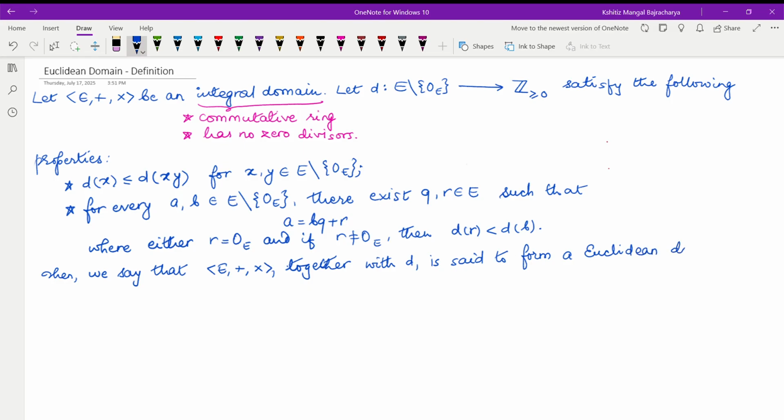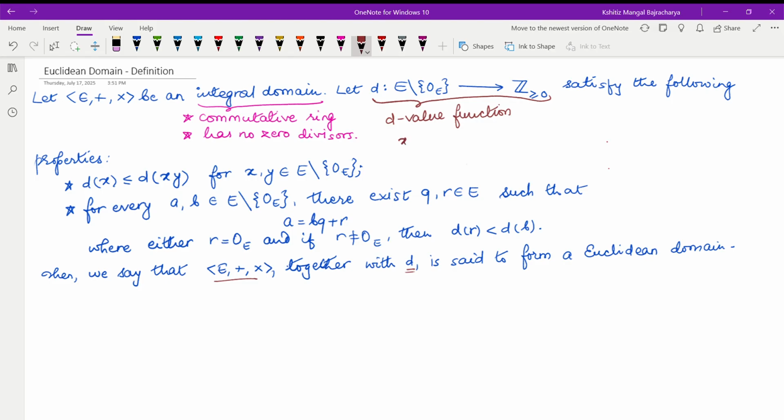This is the definition of the Euclidean domain. An integral domain together with this function d, which we shall now refer to as the d-value function, is said to be a Euclidean domain.